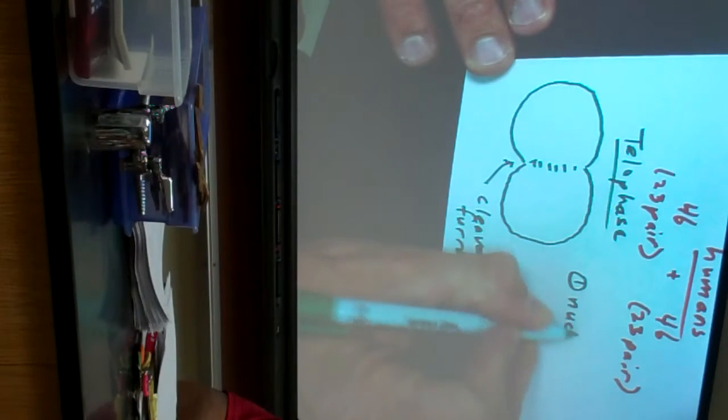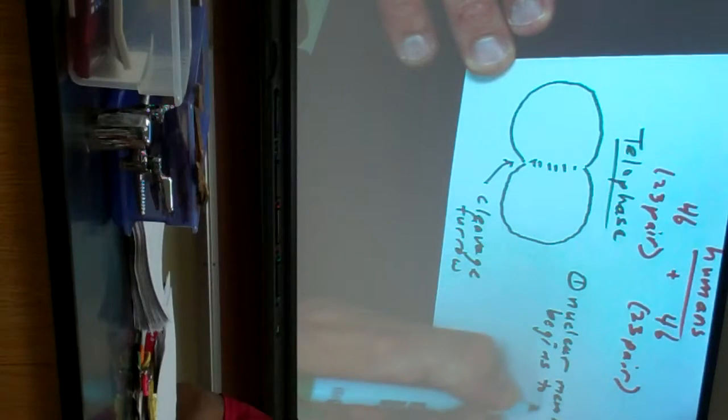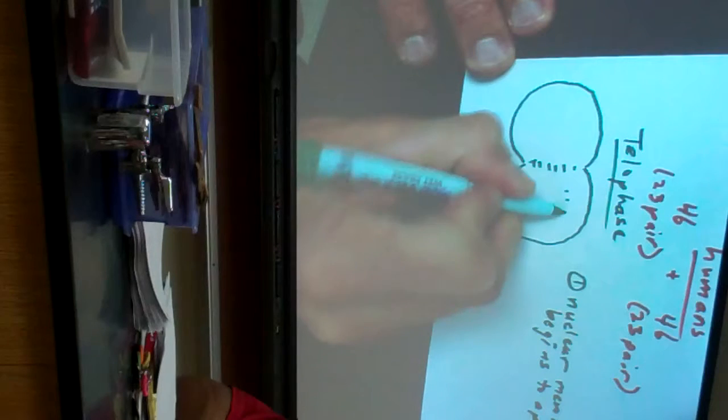So go ahead and, here, we'll do this. Telophase: nuclear membrane begins to appear. Which is good news. I'm going to draw dots. So the nuclear membrane is coming back.